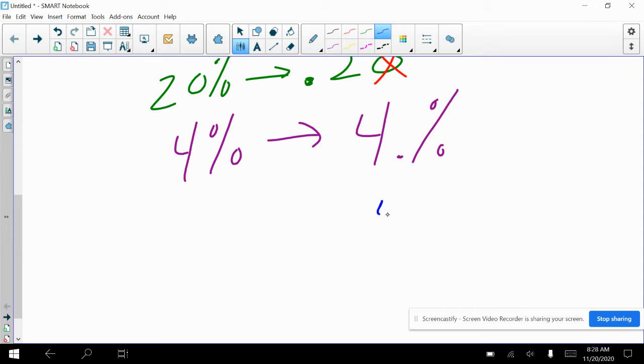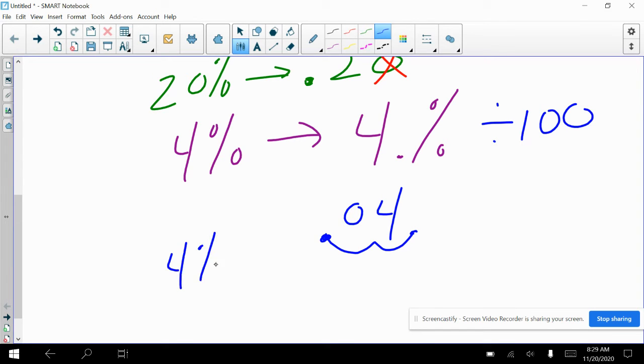So now we have to divide by 100 again, which is moving it 2 places to the left. What do we have to add in that empty well? We have to add a 0 there. So 4% really looks like 4 hundredths.